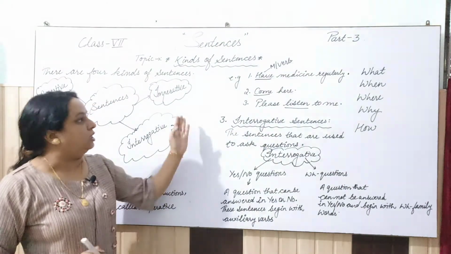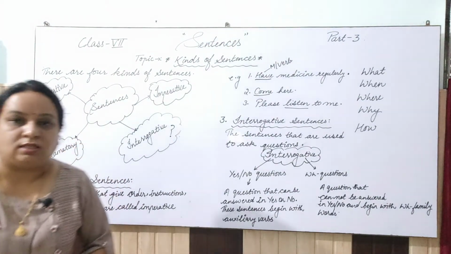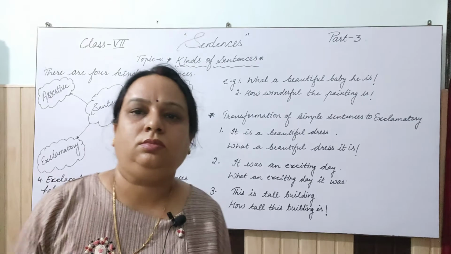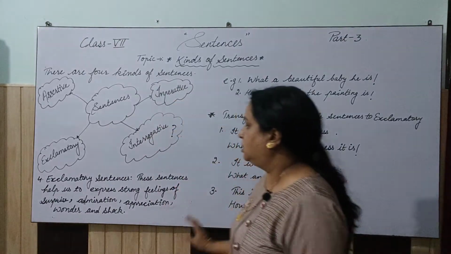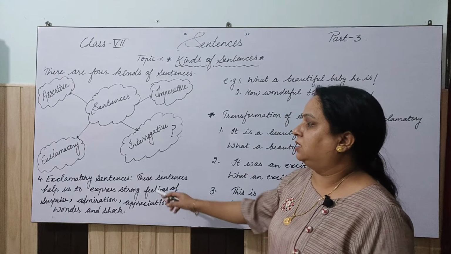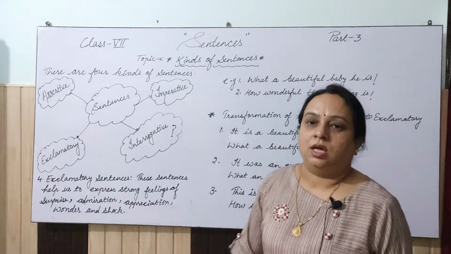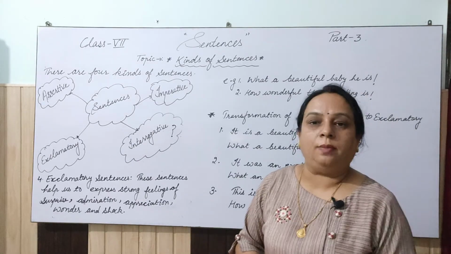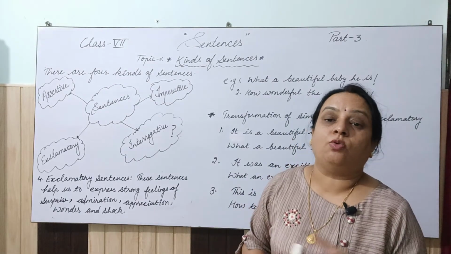last kind, that is exclamatory sentences. Now let's see the last kind of sentences, and this is the exclamatory sentence. Exclamatory sentences are those sentences which help us to express strong feelings.